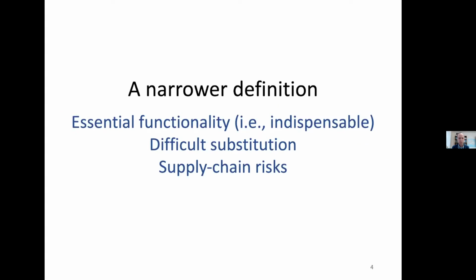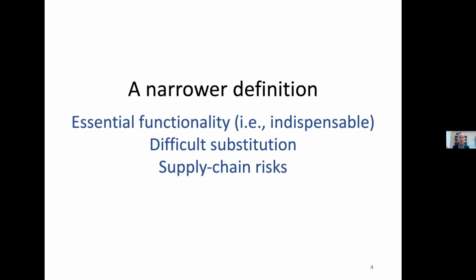And so these three aspects of a raw material are necessary to be labeled critical. And this is more or less the definition that has been adopted around the world. It's similar but not identical to the definition that Jesse presented.